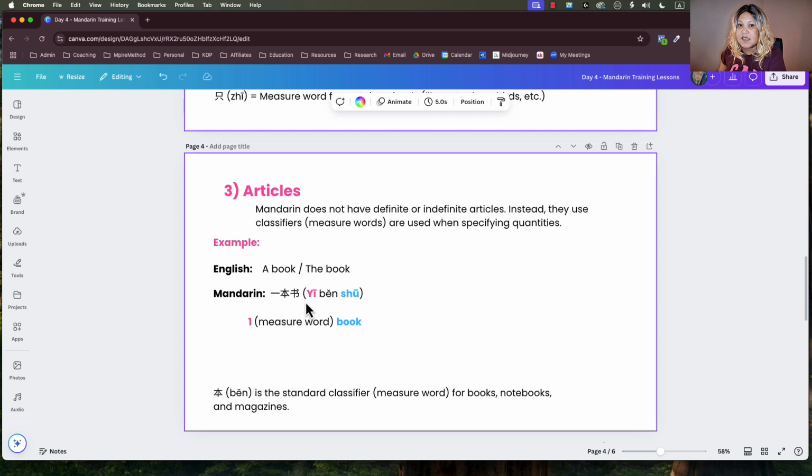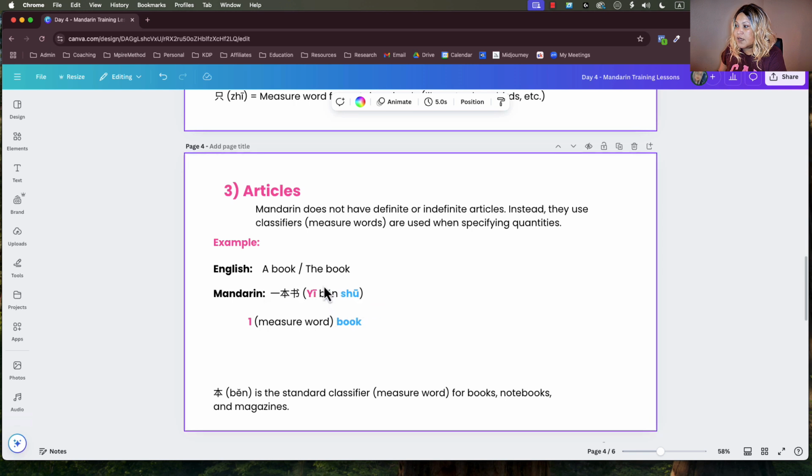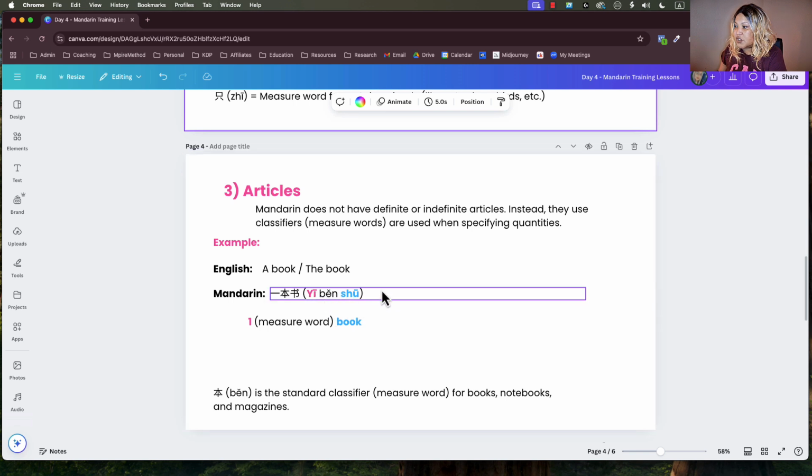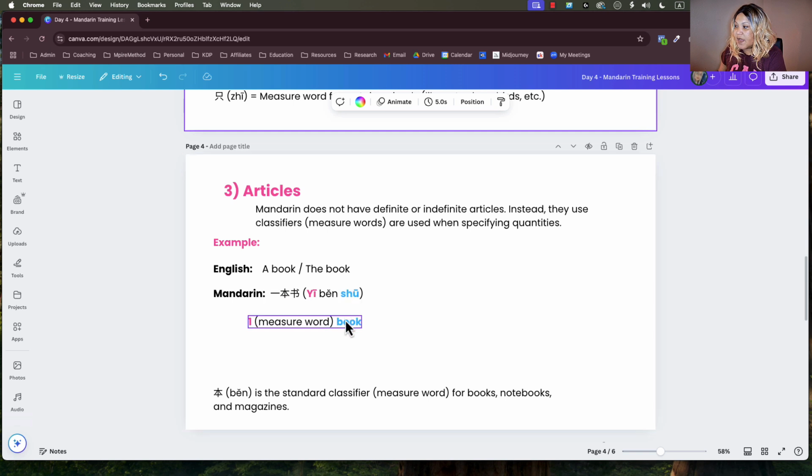So in this case, since it's one book, it would be the number 1 in Mandarin, which is yi. Yi ben shu. Yi ben shu, which is 1 measure word, ben shu. Shu is book. And we learned that one. That was one of our vocabulary words.